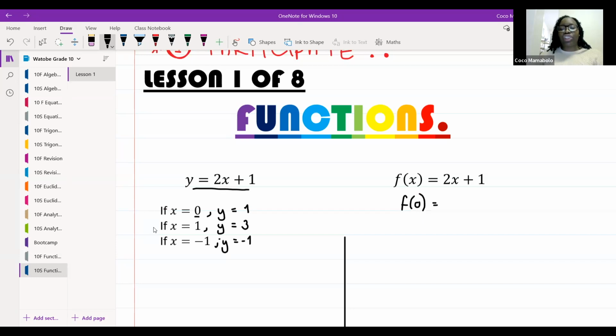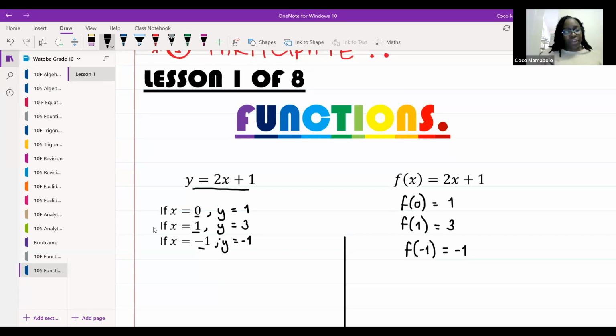We know that the function at x is equal to 0 is 1. We know that the function at x is equal to 1 is going to give us an answer of 3. And we know that the function at the point x is equal to negative 1 is equal to negative 1.